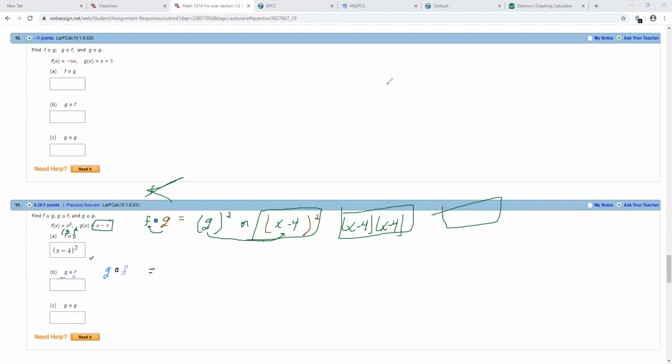This means, which one is written secondly, Griselda? G or F this time? F. And that means what? Put F into what function?